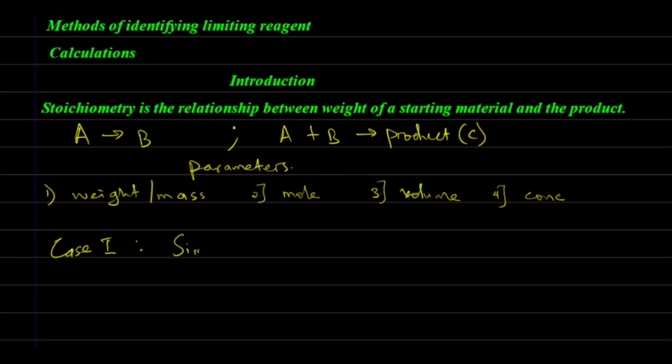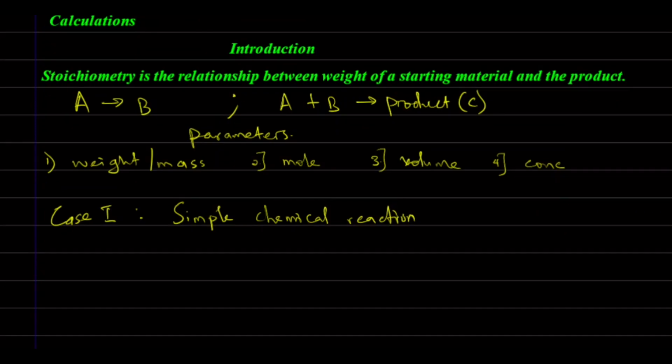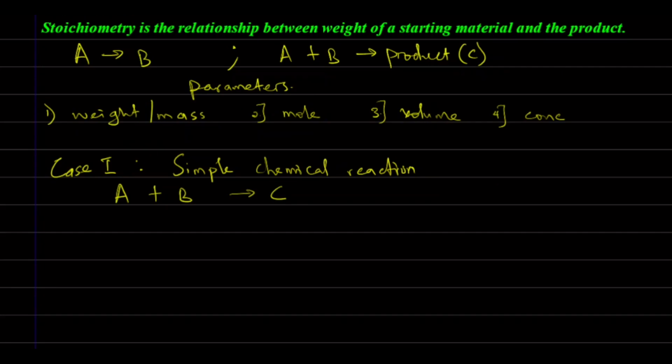Considering a simple chemical reaction. For example, we have A plus B giving us product C. In a simple chemical reaction, for example, I'm giving the weight of reactant A to be 3.2 grams.